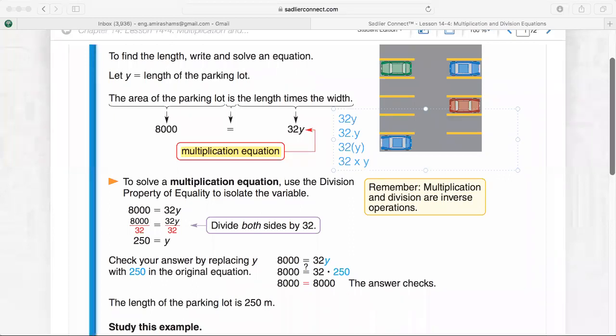So I can find the multiplication in the next forms: 32 multiplied by y, or 32 between brackets y, or 32 dot y, or 32y. Just stick them to each other without anything between them. So I can find the multiplication in many forms like those.